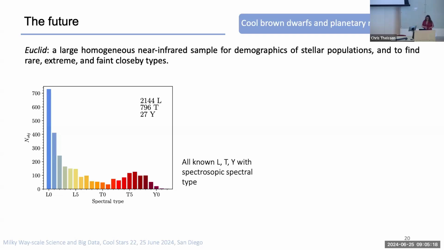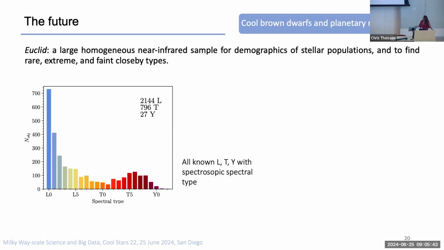And the future may also find brown dwarfs and planetary mass objects thanks to the near-infrared samples, in particular Euclid, which is providing a large homogeneous near-infrared sample that can be used to study the demographics of stellar populations, but also we expect to find rare, extreme, and faint close-by objects.